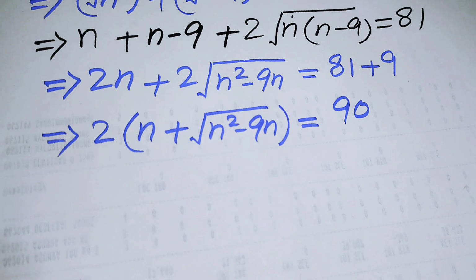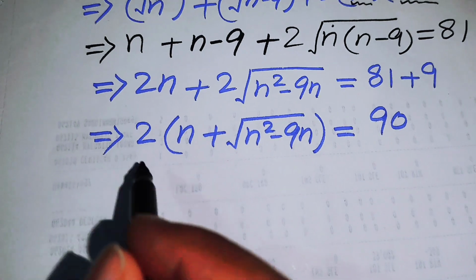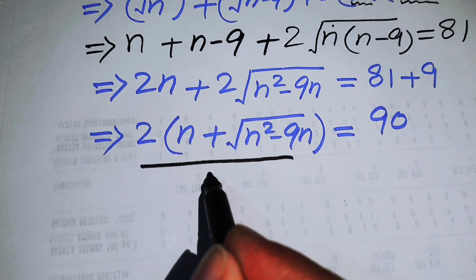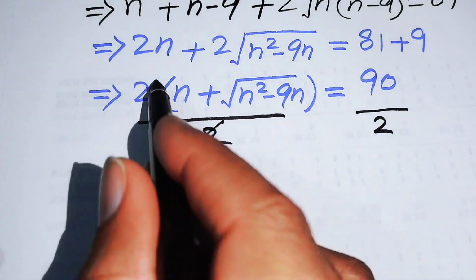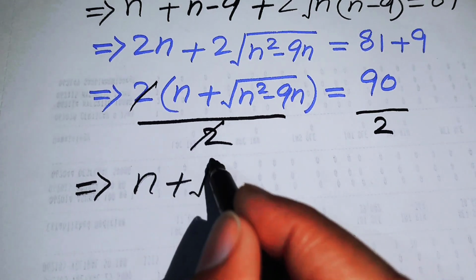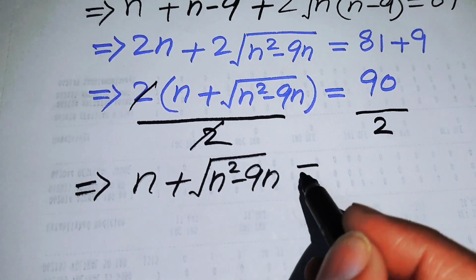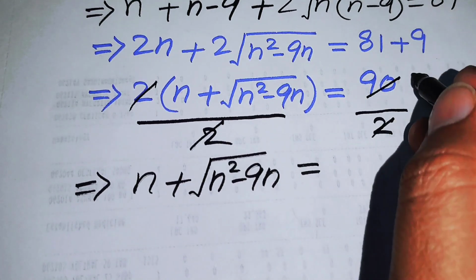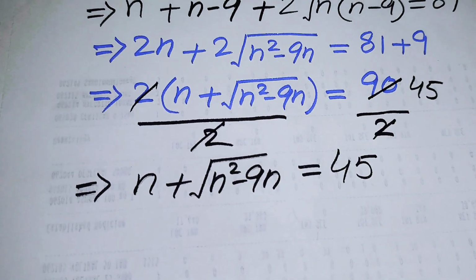Now you see that we have 2 as the common expression on both of the sides, so we will divide both of the sides by 2 and you get its output in this form. Here these 2 and 2 are cancelled by each other, and in the left hand side we get n plus square root of n square minus 9 times n equals, here we cancel these terms and you get 45.